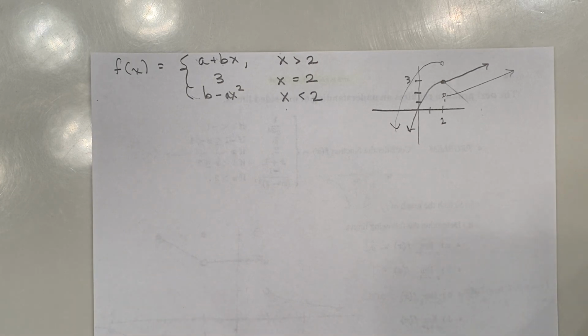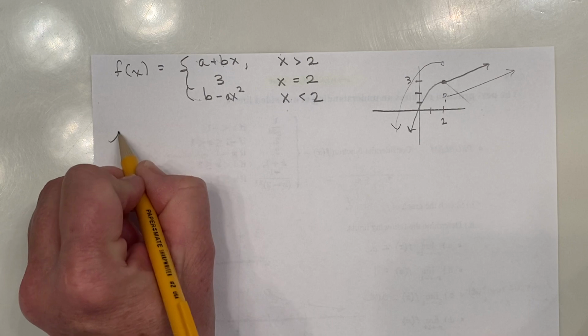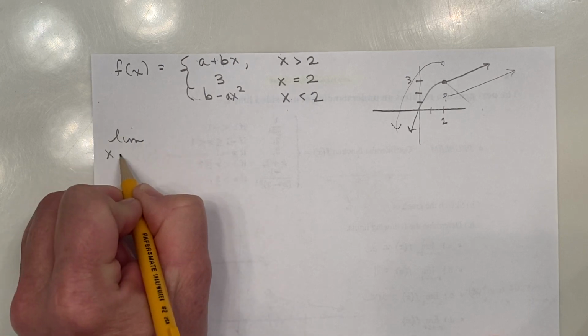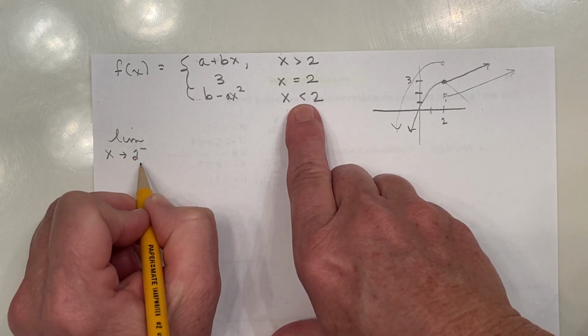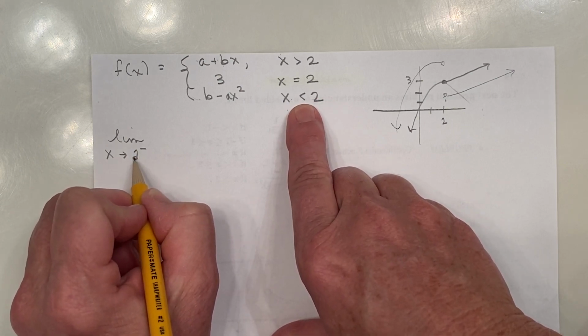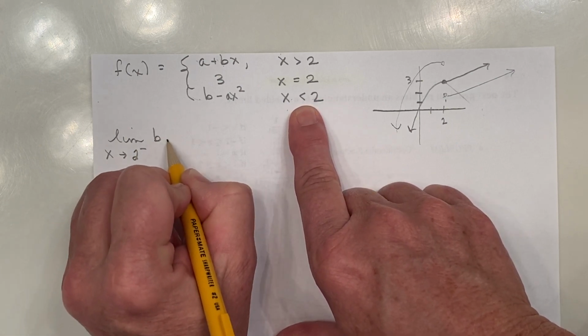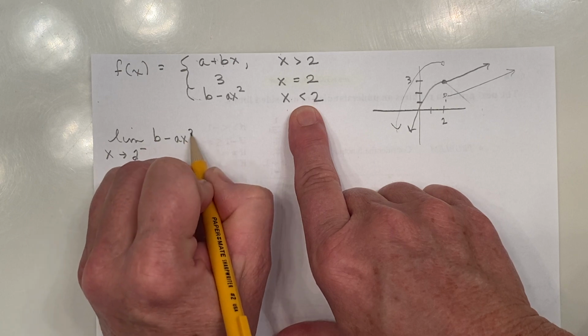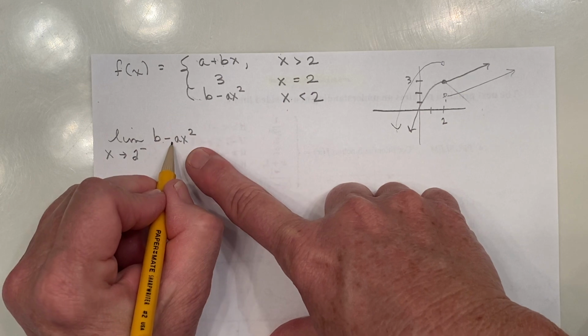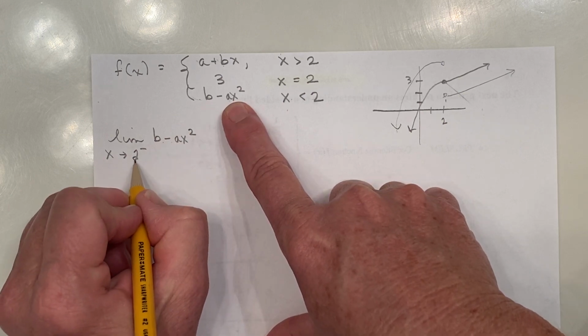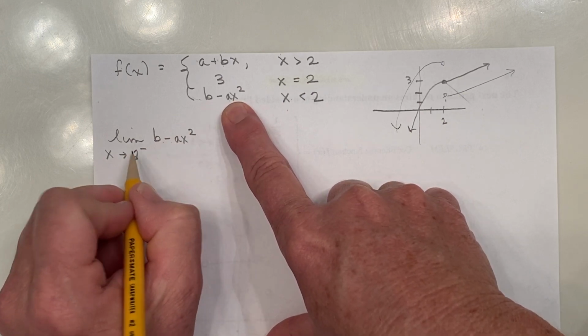All right, how do we do that? Well, what have we learned so far? We've learned that the limit as x approaches 2 from the left, smaller values, less than 2, of this function, b minus ax squared. Instead of putting the generic f of x, I'm going to put the corresponding piece to the side of the limit I'm approaching.